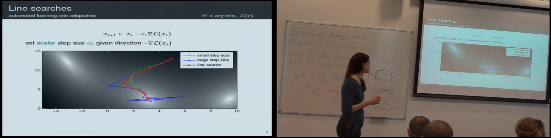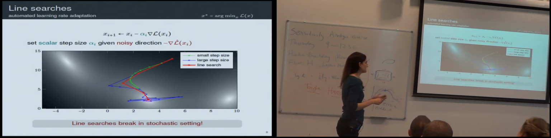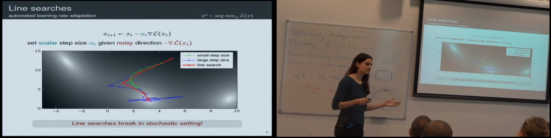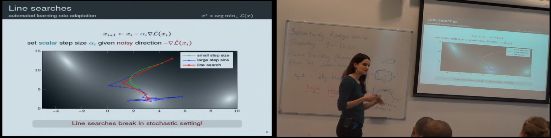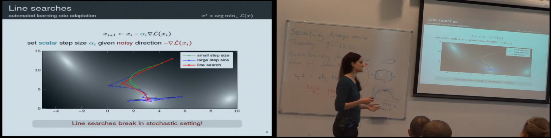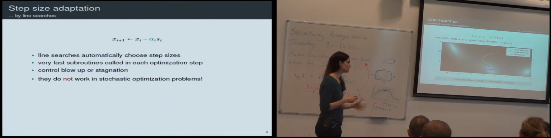Why don't we also use this for stochastic optimization? And it turns out that it just doesn't work there. So line searches have been around for a very long time, basically since BFGS was invented. So I don't know how long, but maybe 50 years. But as soon as we have this problem that we only have L hat and not L, we can't use them anymore. So we need a new one.